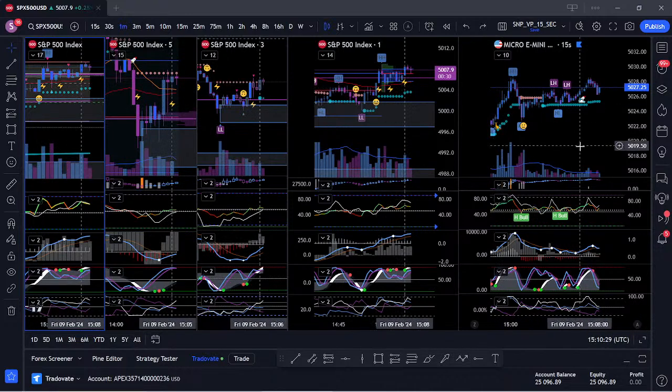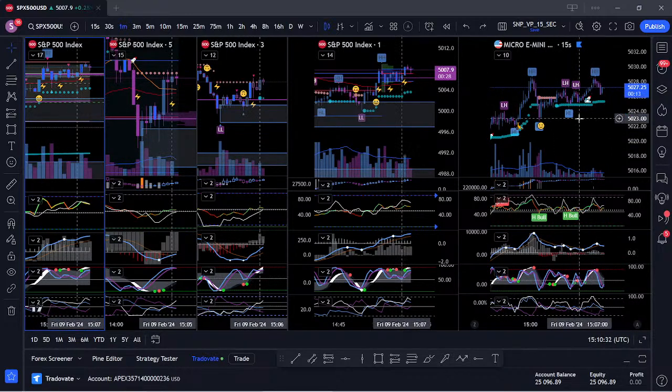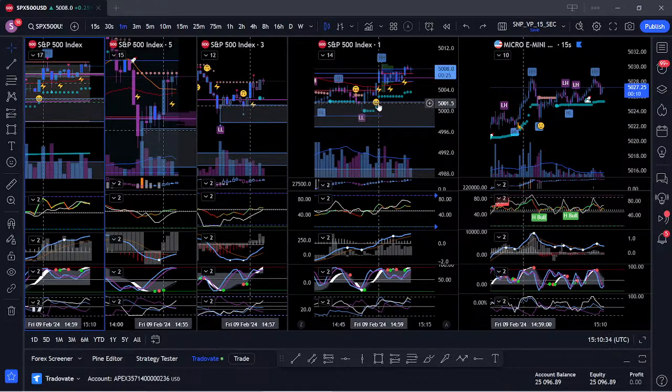But all we need to do now is look for a nice pullback to get in. Until now, we didn't get a good pullback. So let's wait and see.